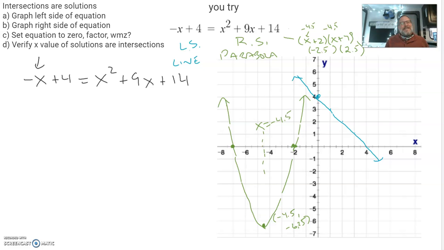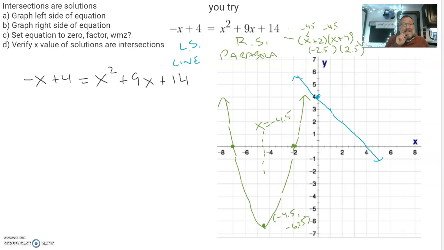This has a situation in polynomials where you can't collect your x's. We have an x squared and a 9x and a -x, and I can't collect those. So that means I can't do the algebra that we learned in 8th grade and 7th grade, 6th grade, etc. We can't do the opposite actions to get x by itself because we can't collect them. So we have to do polynomial solving.